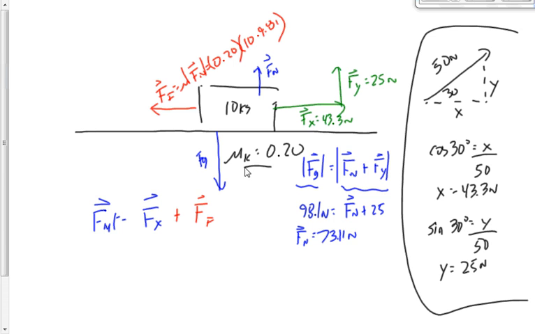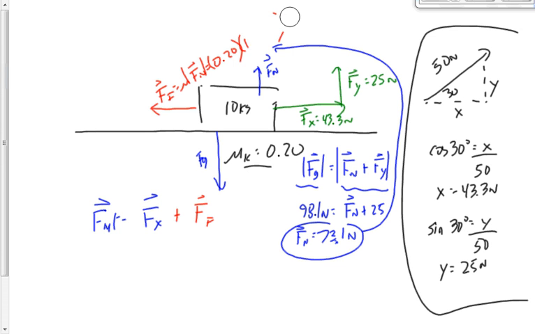The normal force is smaller than the force of gravity because the normal force is helped out by a 25 Newton upward force that the guy is pulling with. You pull up with 25 newtons on the 10 kilogram object, well, then the ground doesn't have to push up as hard because you're helping. So let's fill in here my 73.1 newtons instead of my 98.1 newtons.